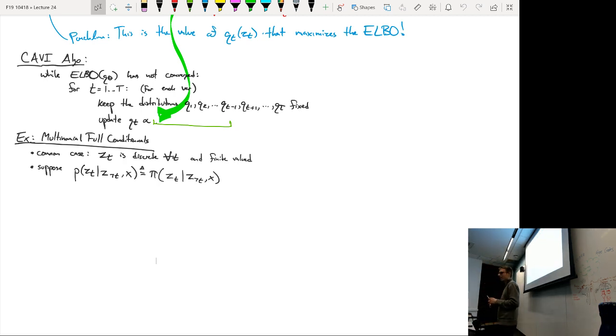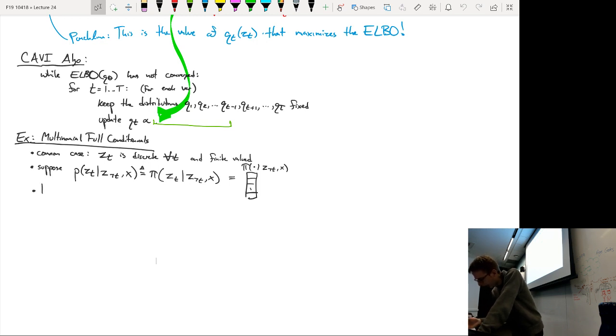What I'm saying is, suppose that the full conditional, you can actually write out as a little table. Right, like this is some table, and it just has entries for the different z values.